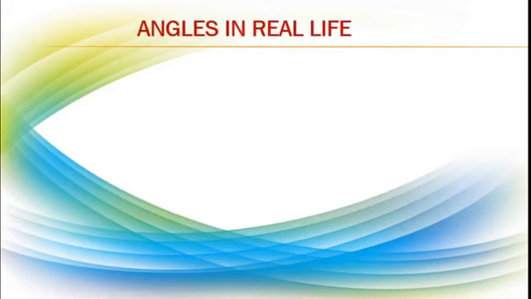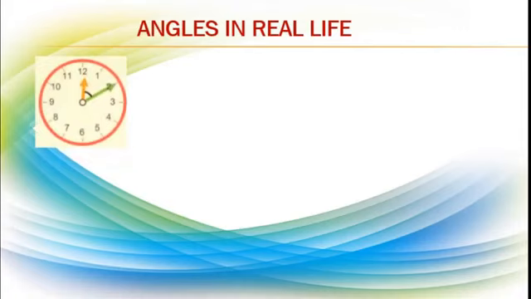Again we will move to real life. See students, here see the two hands of our wall clock. Are they at 90 degrees? No, they are less than 90 degrees. This is the angle formed between the two hands, that is less than 90 degrees, right?